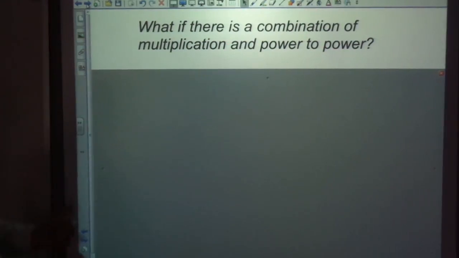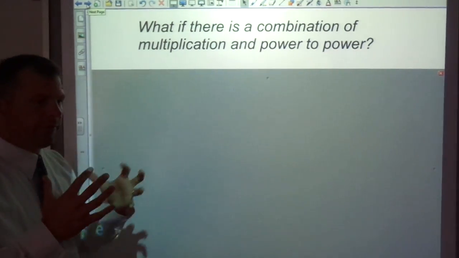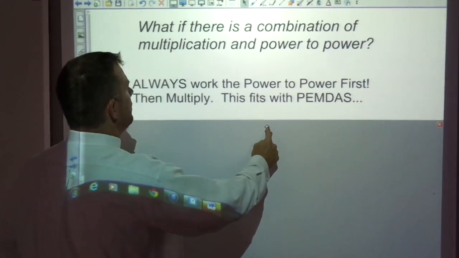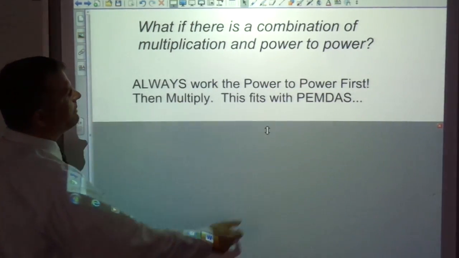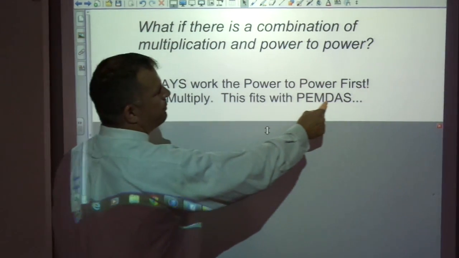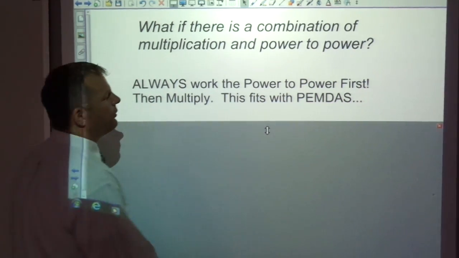Okay, last thing. What if there's a combination of multiplication and power to power? What if we've got a mixture of things together? Something like this. We'll always work the power to power first, then multiply. This fits with, please excuse my dear Aunt Sally. Exponents comes before multiply.